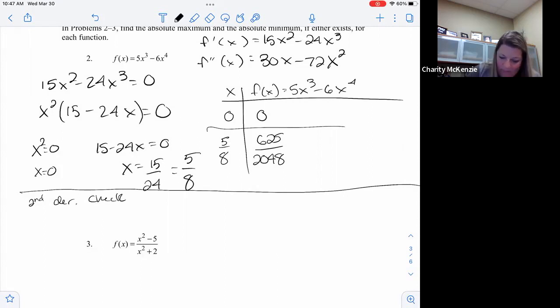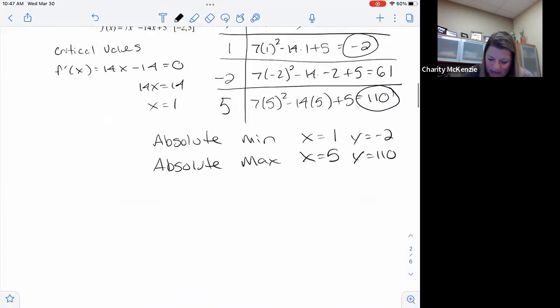Okay, so I'll take the second derivative and I will put into the second derivative the 0 for x, and that would give me 30 times 0 minus 72 times 0 is 0. So if we go back, we got 0 for our second derivative check.